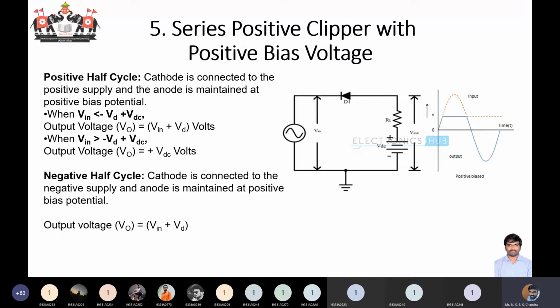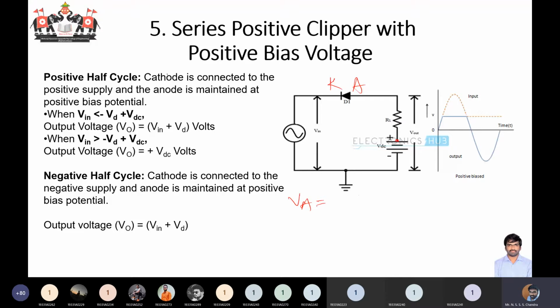So for the diode to conduct, now I have different conditions. Now this is anode, this is cathode. What's the voltage of the anode? Anode is connected to this battery terminal, right?